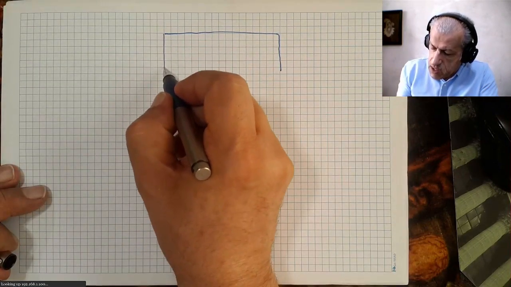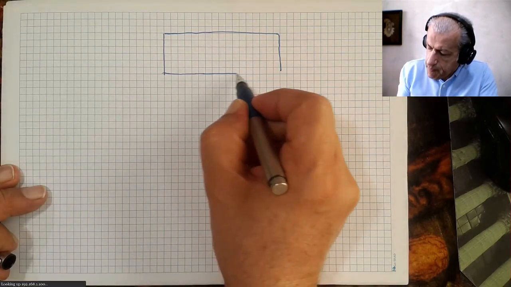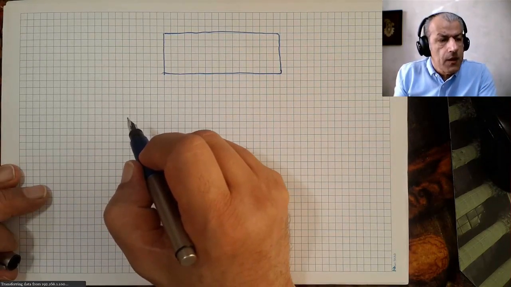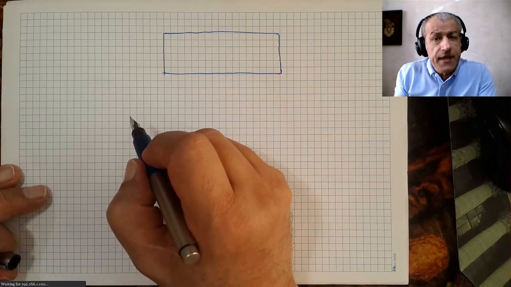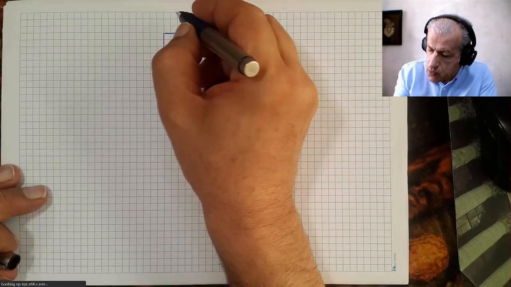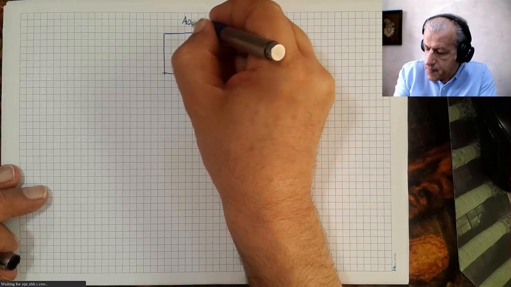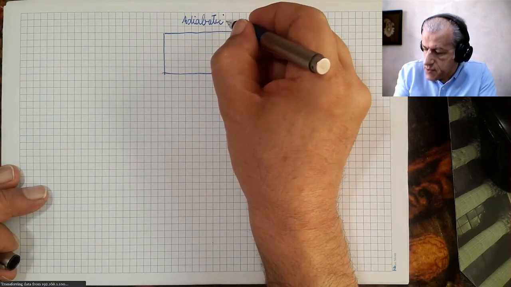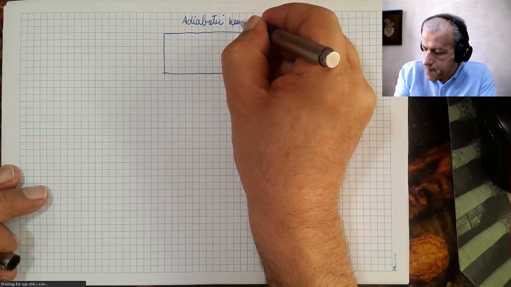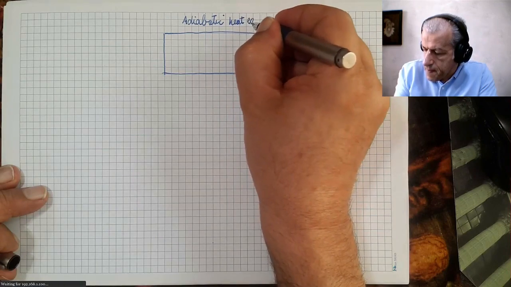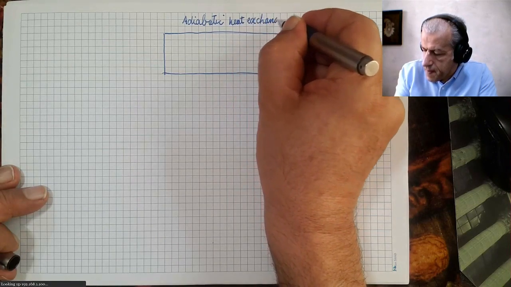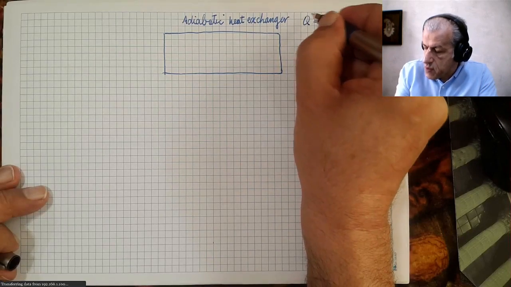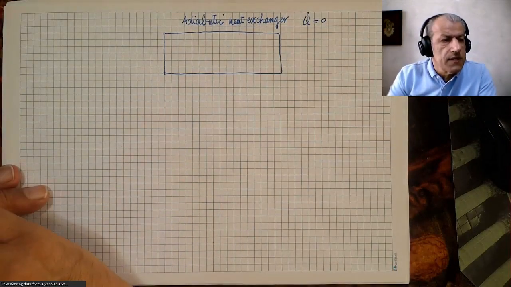This is our heat exchanger, and it is an adiabatic heat exchanger, which means that Q equals 0, or Q dot equals 0.